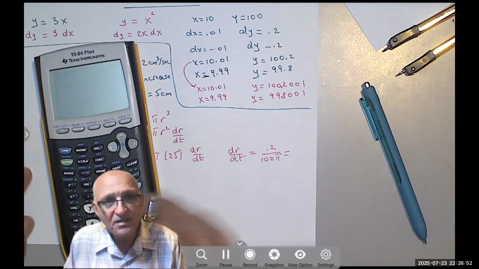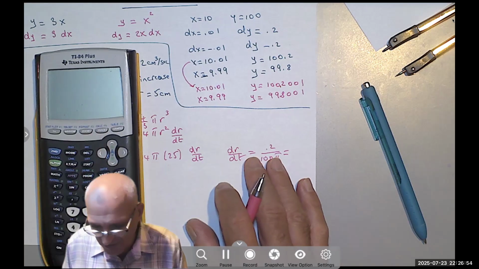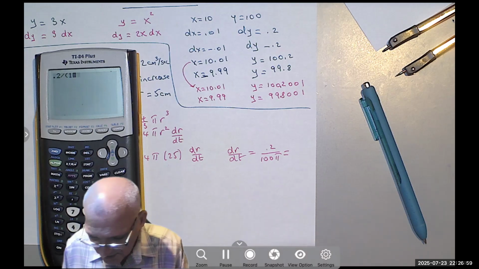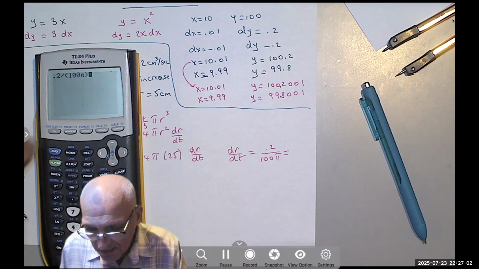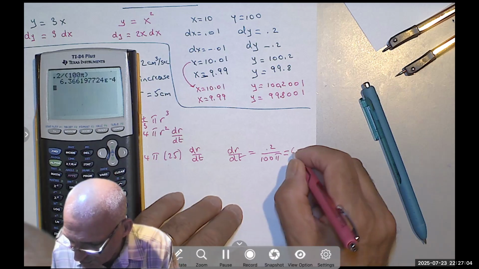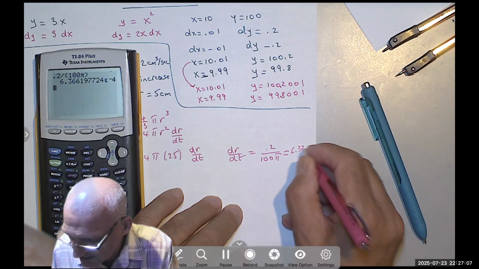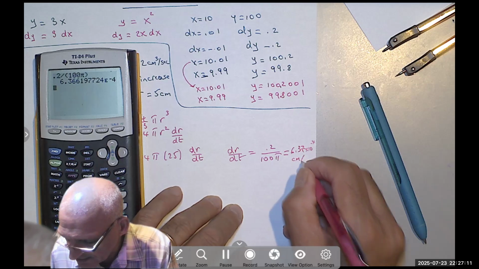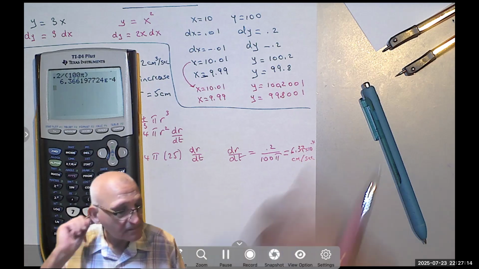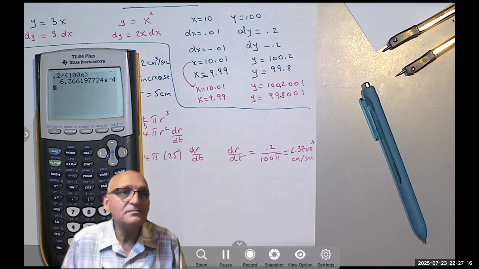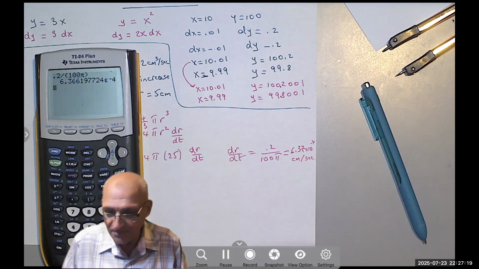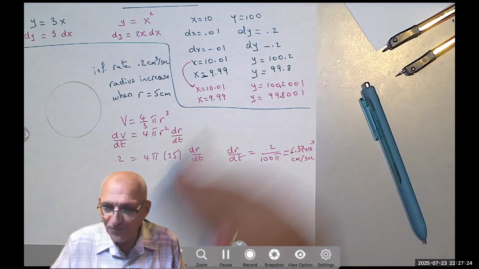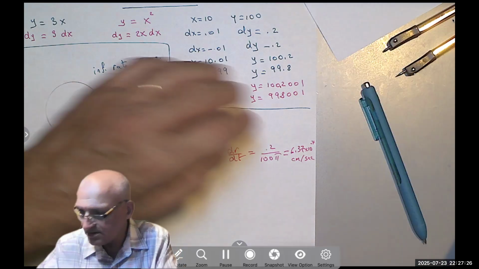Yeah, of course, the radius would increase very slightly. 0.2 divided by 100 pi is 6.37 times 10 to the negative 4 centimeter per second. Okay? Of course, very small.